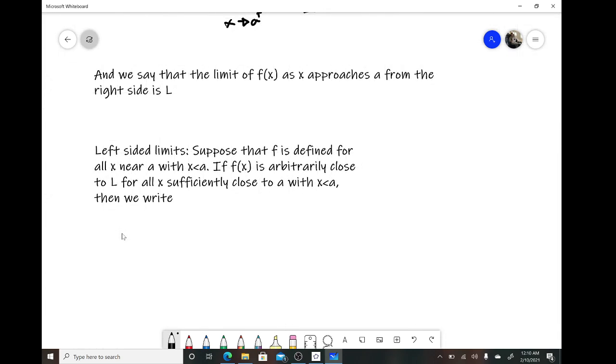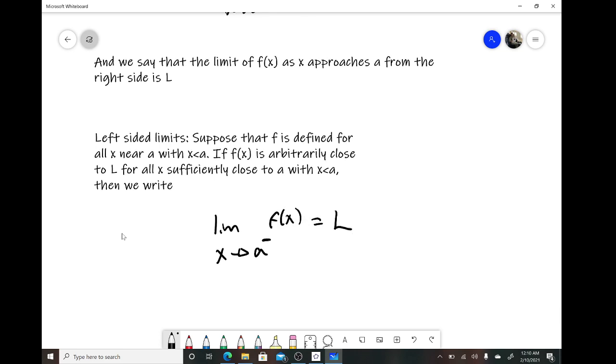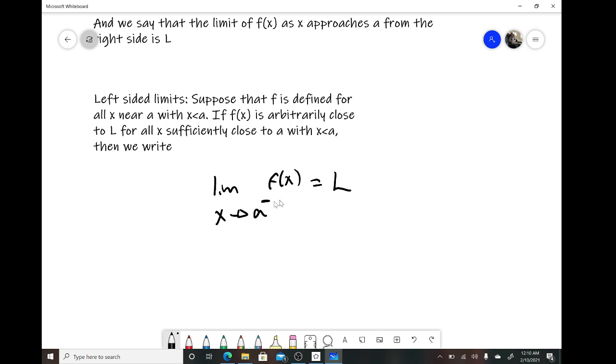We write that the limit as x approaches A from the left side of f of x equals L. So instead of writing a plus sign now for the left side, we write a negative sign. And this makes sense. If you think about the real number line, positive values are to the right of the origin and negative values are to the left of the origin.